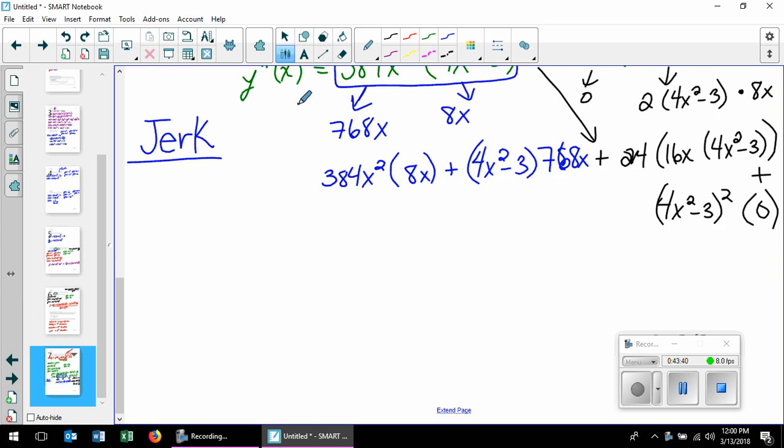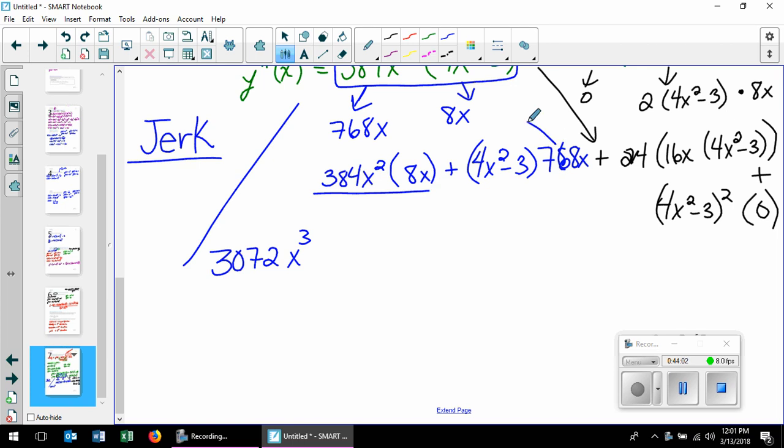So 384 times 8 gives me 3,072 x cubed. All I did was multiply those two things together.